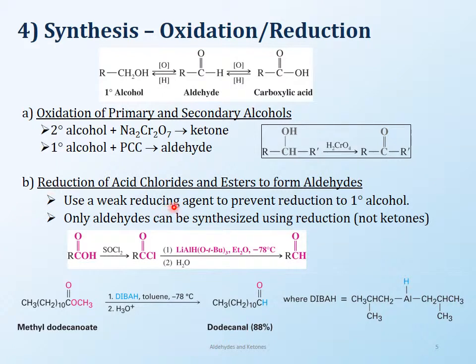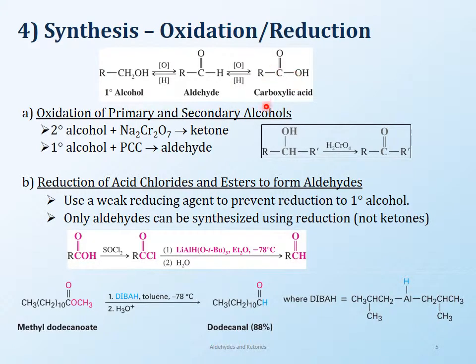Now for the reduction, you don't want to use a strong reducing agent. Remember that. You want to use weak reducing agents. The compounds that you use for reducing are not exactly the acid. They're going to be acid chlorides and esters. When we get to the carboxylic acid chapter, we'll talk about why you cannot use the strong reducing agents directly on the acid.